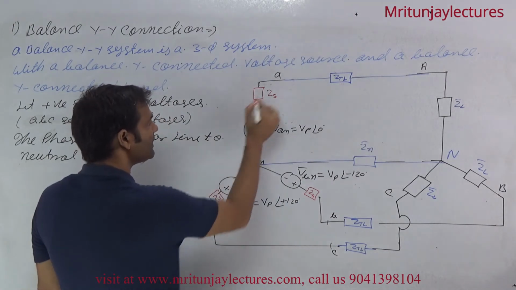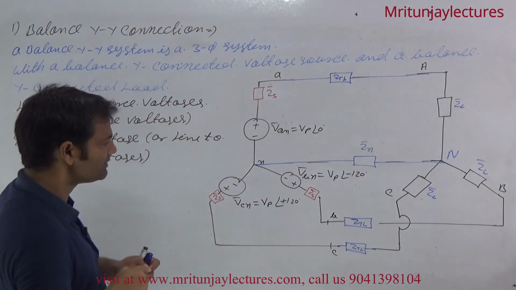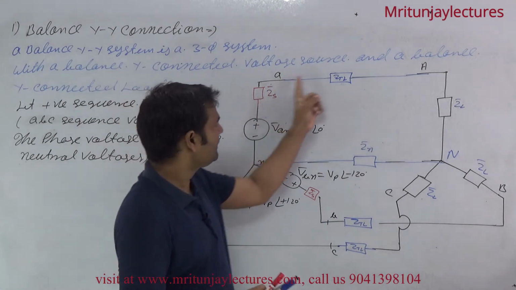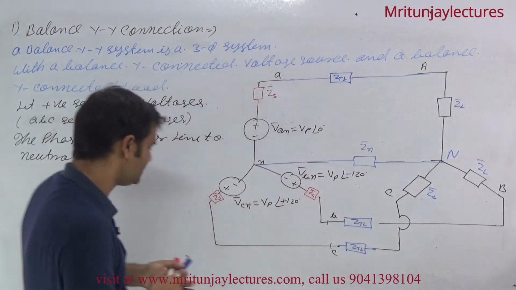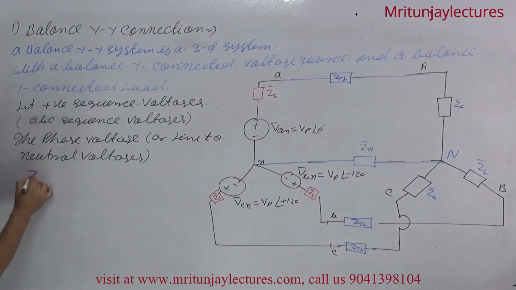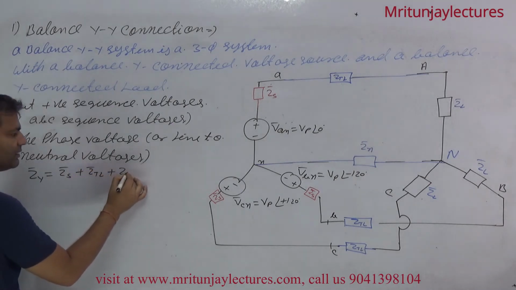Clear? For simplicity you can represent all impedance as Z star equal to ZS plus ZTL plus ZL.